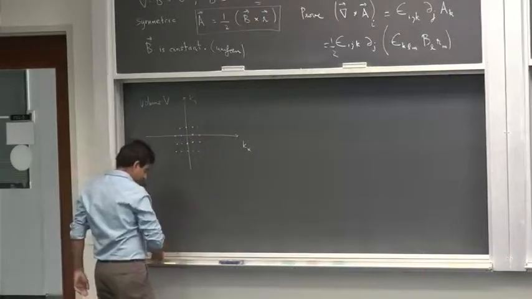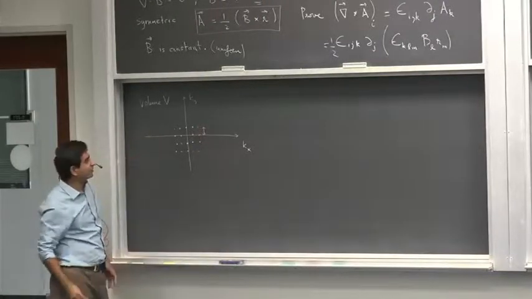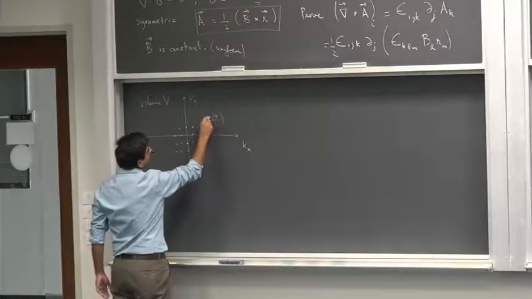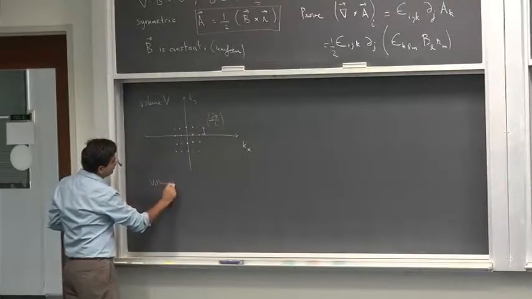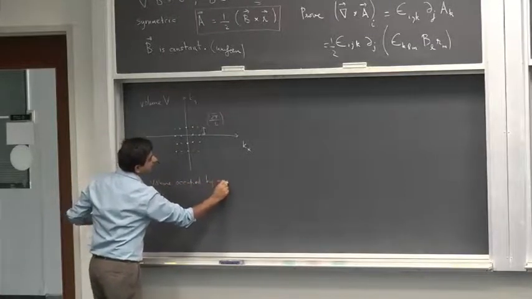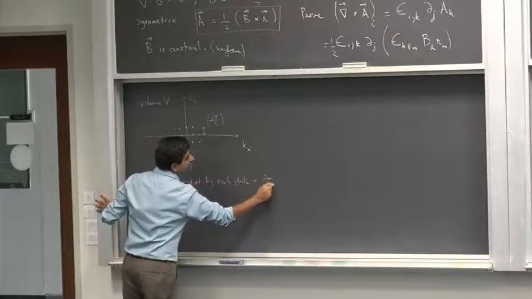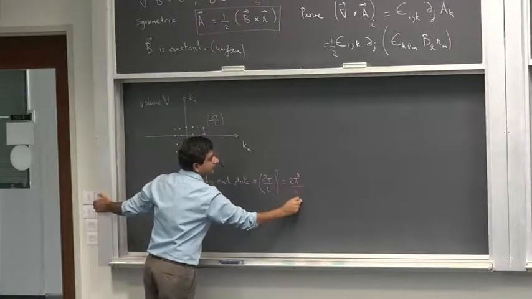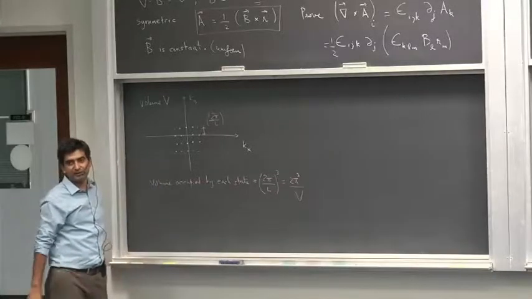And the spacing, because of the boundary conditions inside the k space, equals 2 pi over L. So the volume occupied by each state in k space is (2 pi over L) cube. 2 pi cube over the volume of the solid. Bigger the solid, the more closely spaced will be the points in the k space.